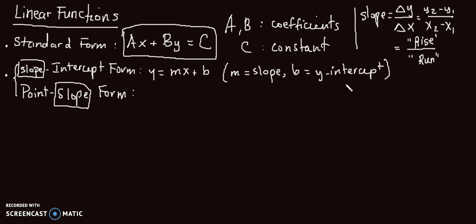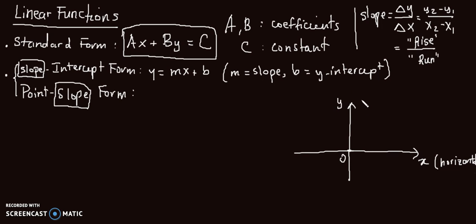When we talk about the intercept, let's review. We have a coordinate system like this, called Cartesian coordinates. We have O, the origin, then OX, the horizontal axis, and OY, the vertical axis.